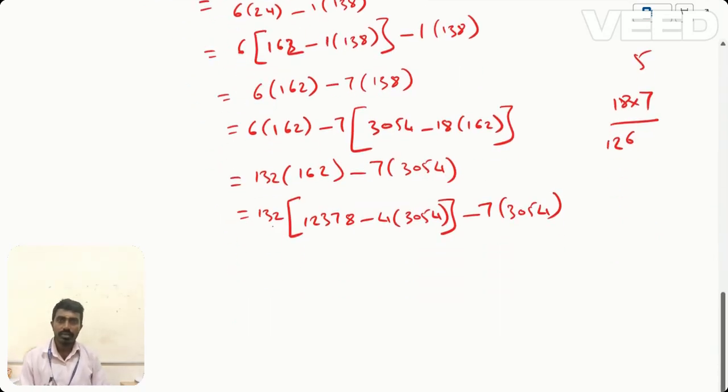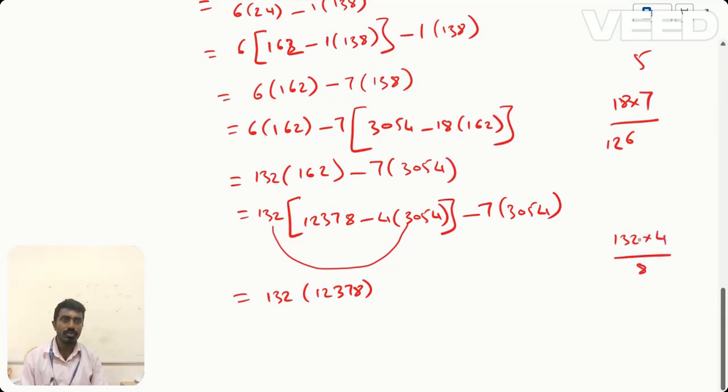Now simplify: 132 times 12378, and then 132 times 4, and then plus 7. 132 times 4 is 528. 528 plus 7 is 535. So minus 535 times 3054.